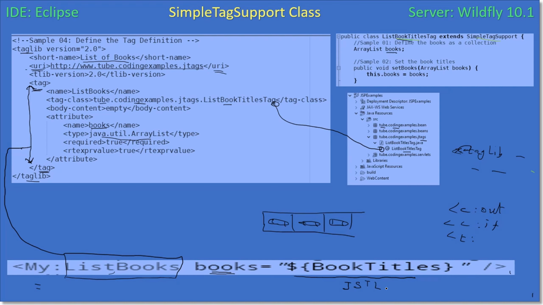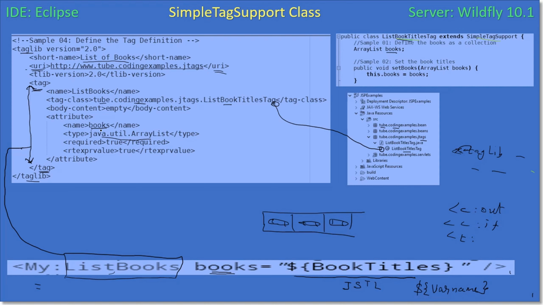And at runtime, this is supplied by the JSTL. We already talked about this JSTL usage, dollar, curly braces, variable name. Here this book titles variable will be pushed by our servlet, and in the request context we will define this book titles. Here we are directly referring to this, and we know that this will be an array list, and that is assigned to our attribute.